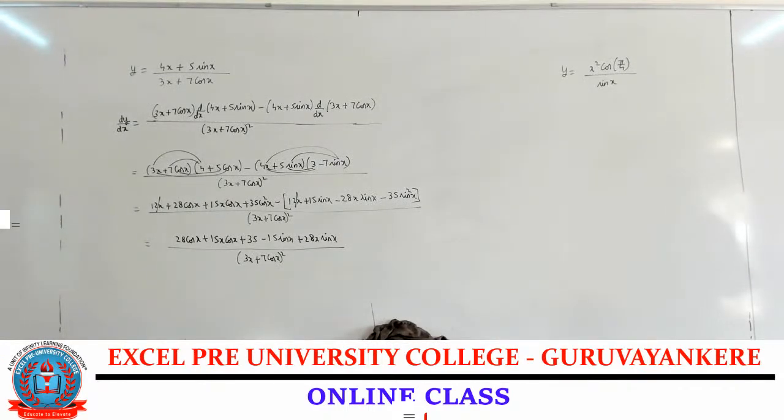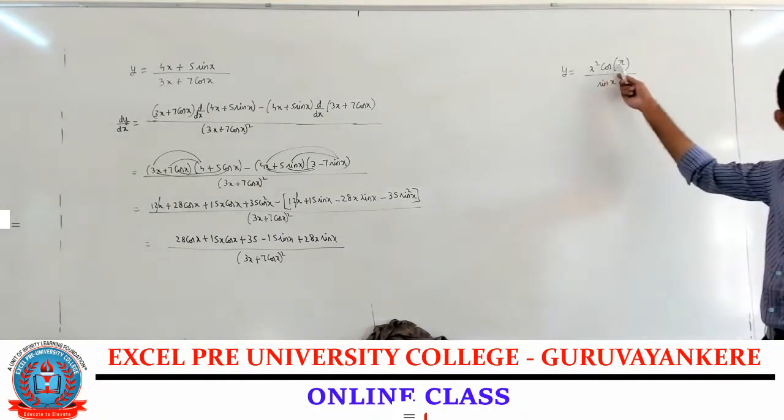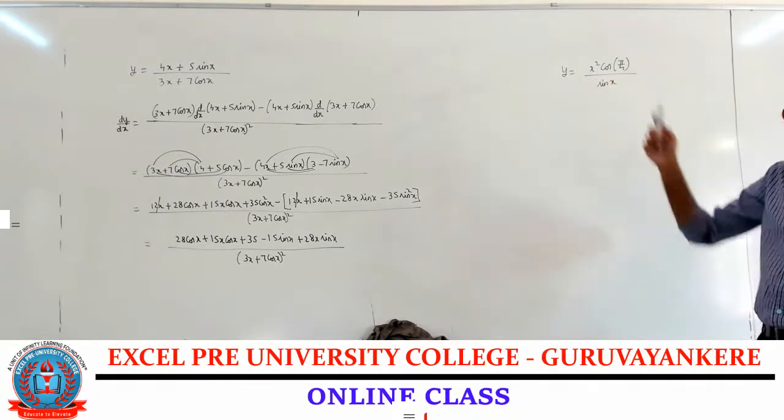Already we know the value of cos pi by 4. Correct? Value of cos pi by 4 is 1 by root 2.